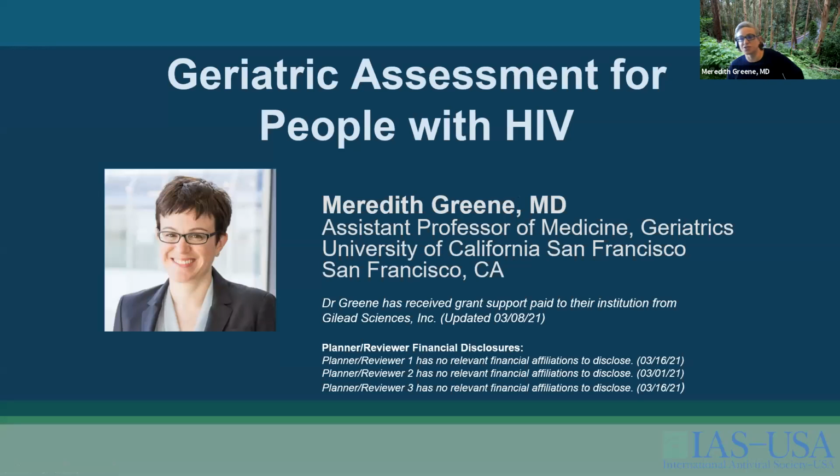That covers the logistics. We're going to begin now with our content today, which is about geriatric assessment for people with HIV. My disclosures are listed here, as well as disclosures of the slide reviewers.